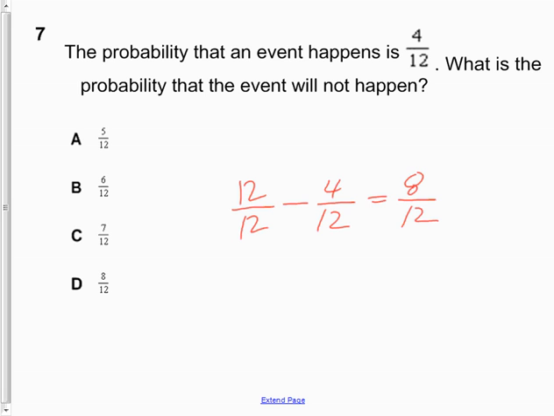If I take all of the possibilities, happening and not happening, and subtract the possibility that it will happen as 4 over 12, that means that this must be not happen. And when I look over here, I'm a little worried at first until I see D, 8 out of 12, which is your answer.